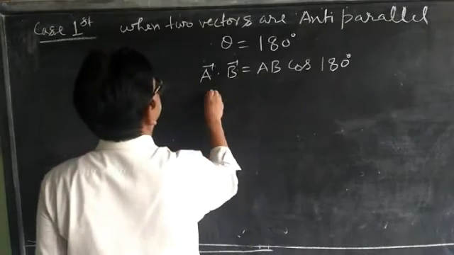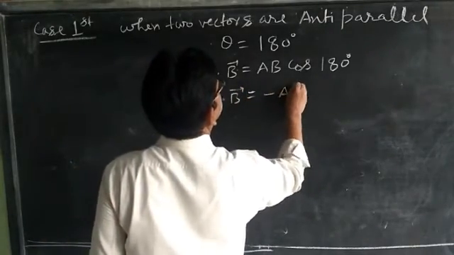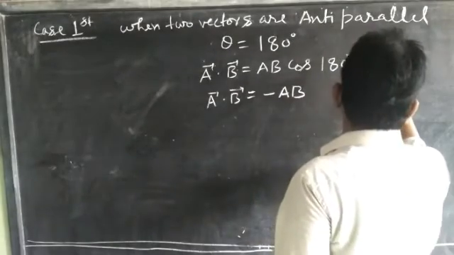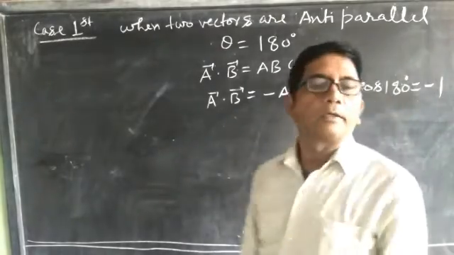Therefore vector A dot vector B is equal to minus AB, since cos 180 is equal to -1.